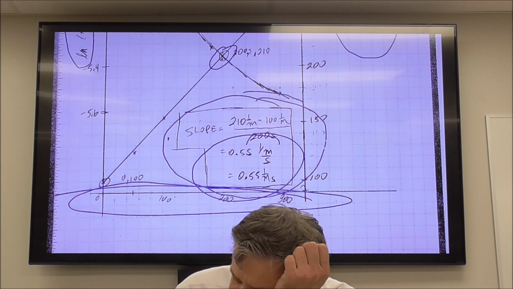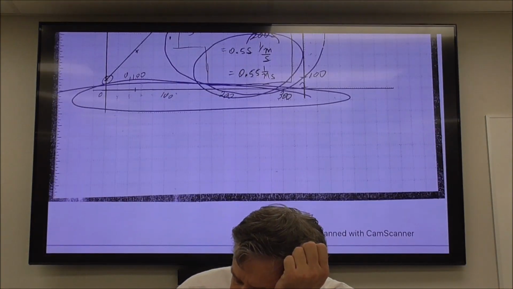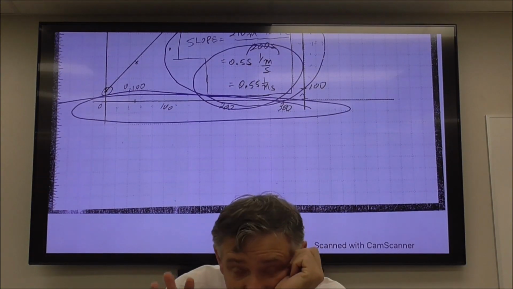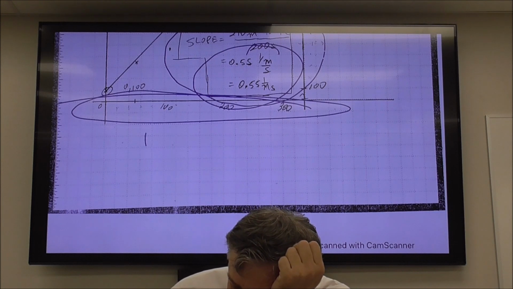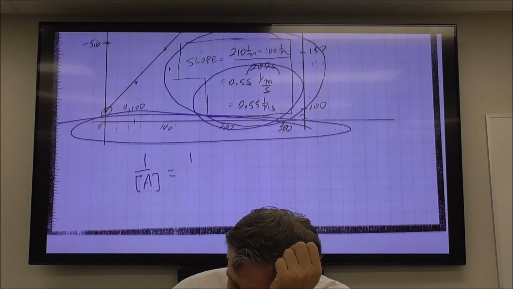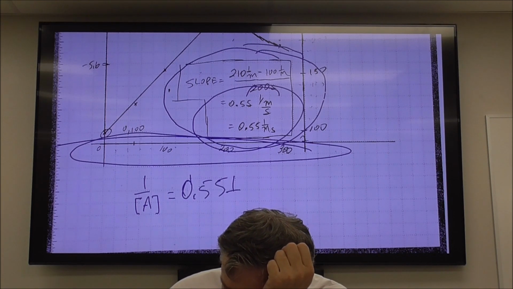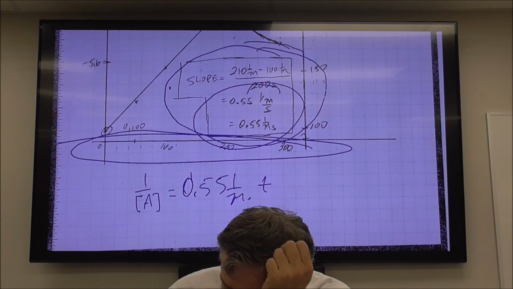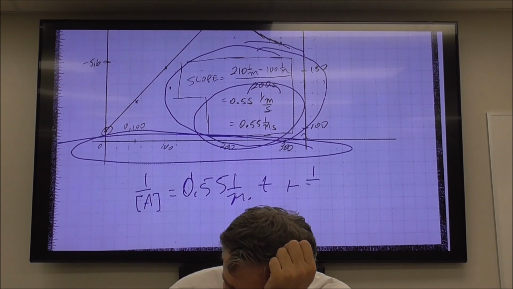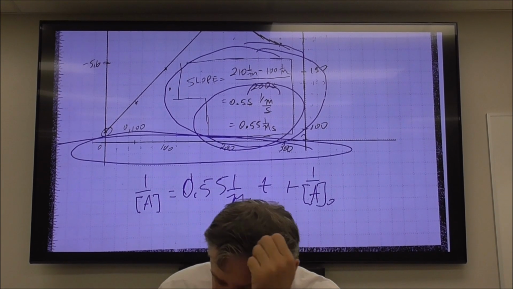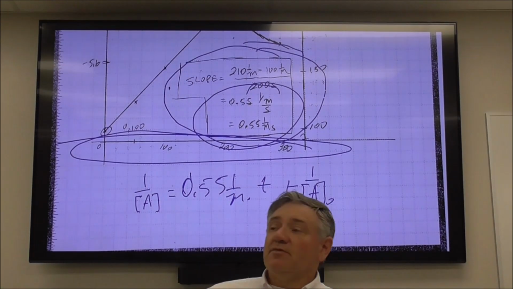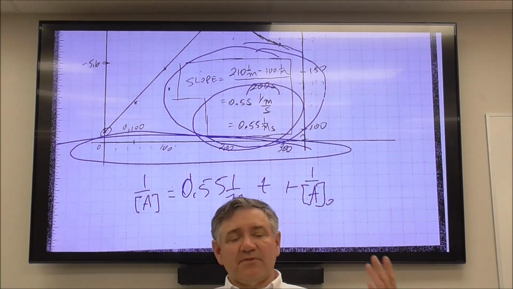So once you get that slope, then you can come down here and say, okay, I know this is a second order reaction, so that means that 1 over A is going to equal my slope, which in this case is 0.55, 1 over molarity seconds, times time plus 1 over A naught. Okay? Now, this is where the magic happens.